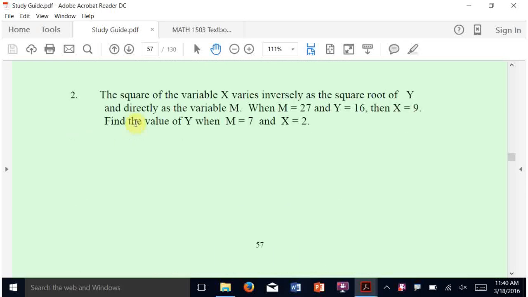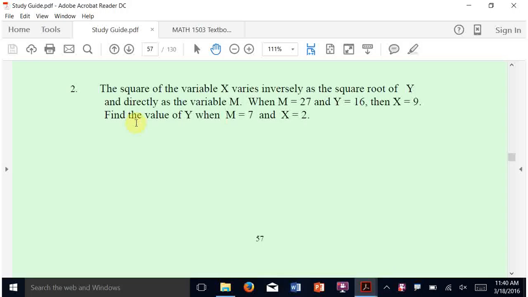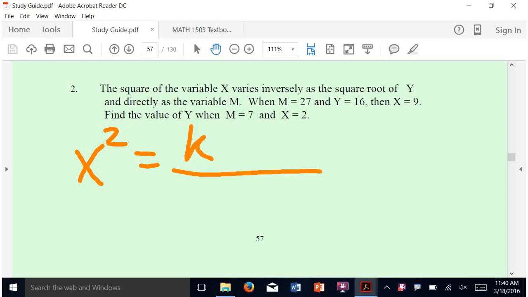Let's look at another one where we have to find what k is and then ultimately find the value of y. So here we have the square of the variable x. So x squared varies inversely as the square root of y, so let's put our k in over the square root of y, and directly as the variable m.